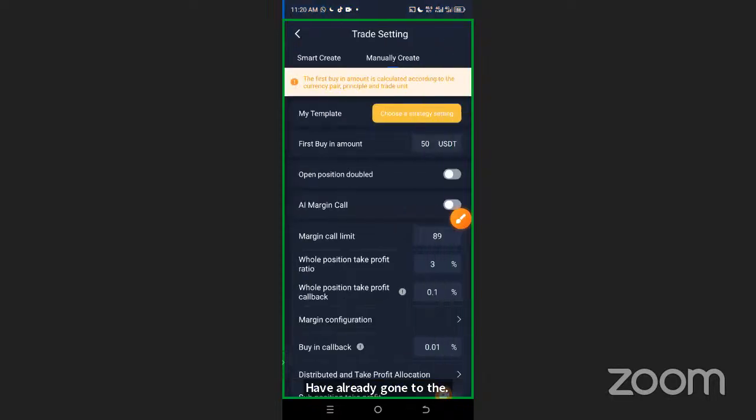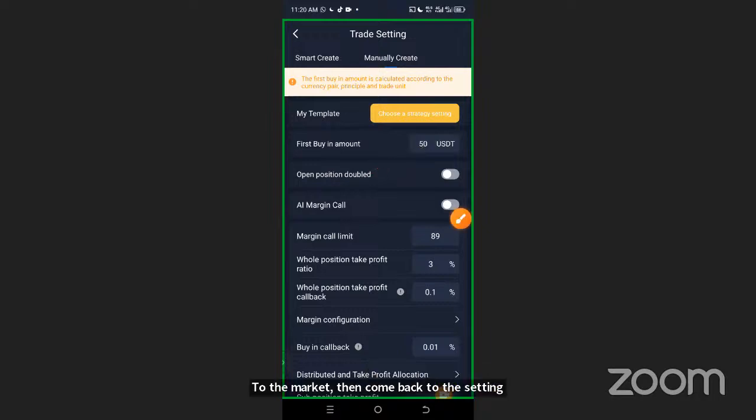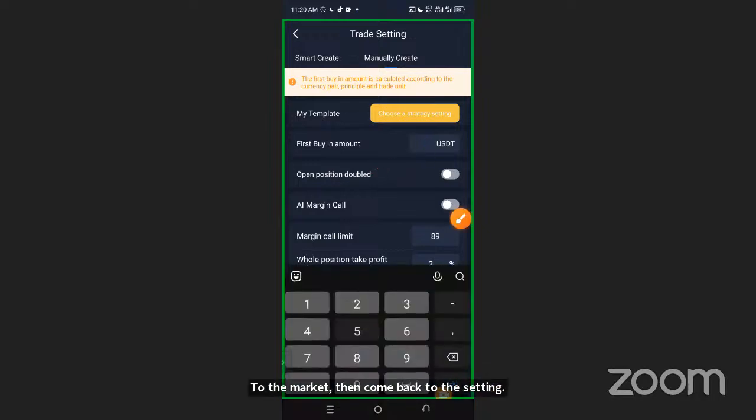Then come back to trade setting and change it to 5.